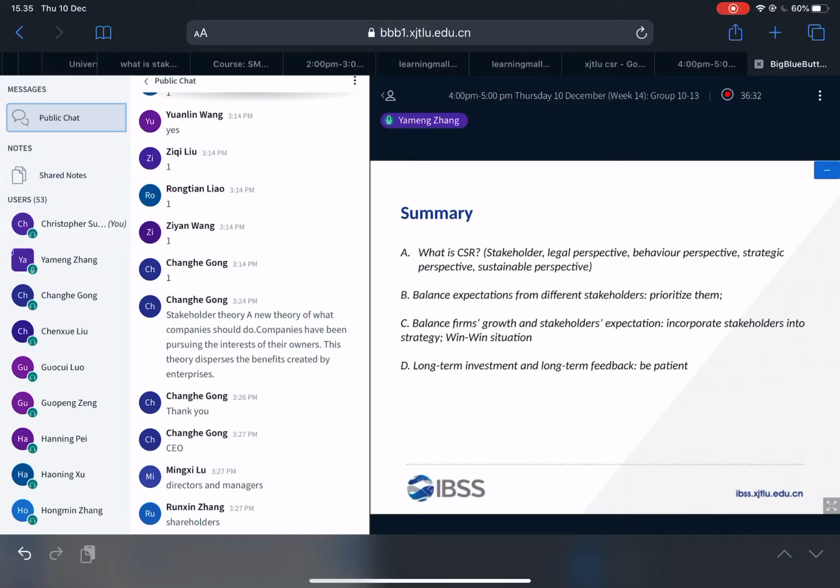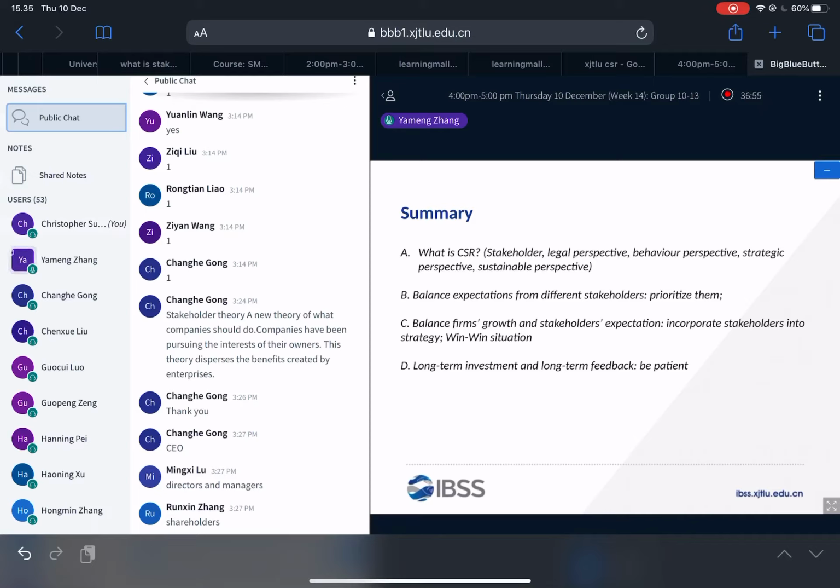And the second point I want to summarize here is that firms should consider how to balance expectations from different stakeholders. Especially from the stakeholder perspective and the legal perspective, we can notice that firms have a wide range of stakeholders, and some stakeholders are more important than others.